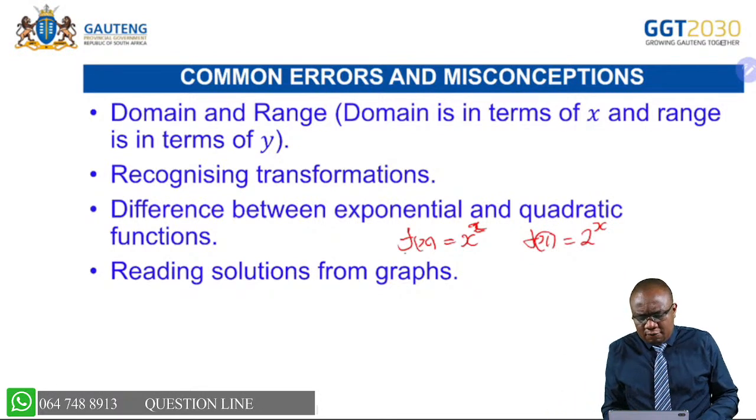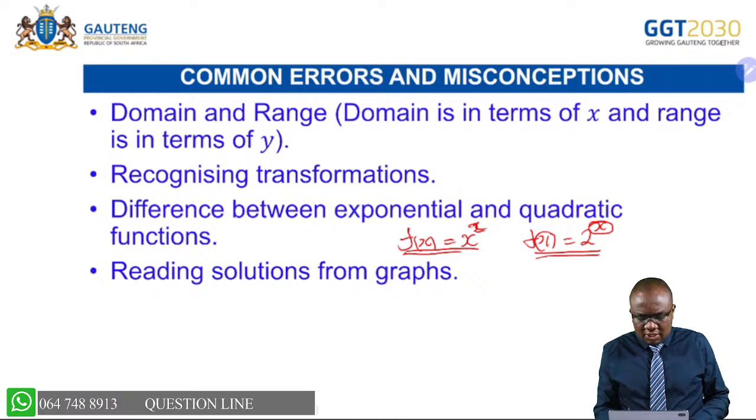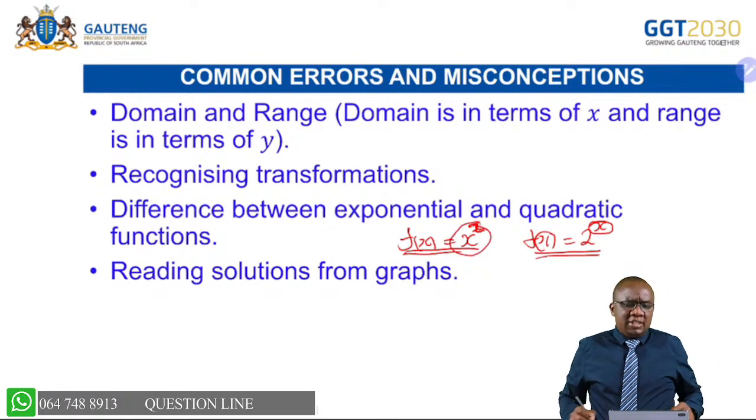So there's this confusion between what? A quadratic function and an exponential function. This is the exponential function. You can see the x is the exponent, okay? And then this is quadratic. You can see there the degree or the exponent there is 2. Okay, so you see that. So take note of that.